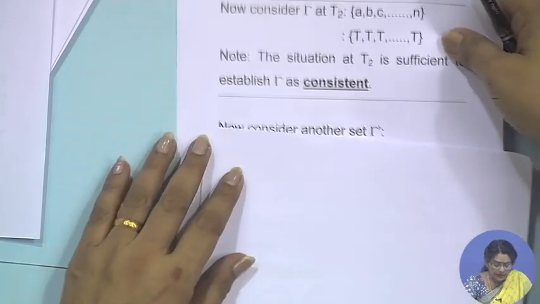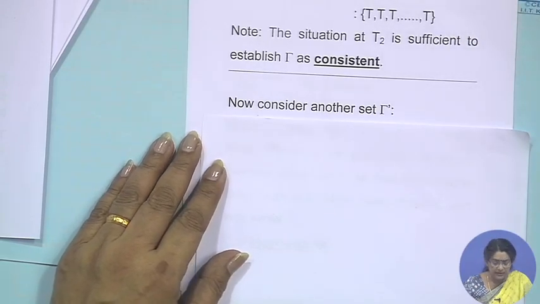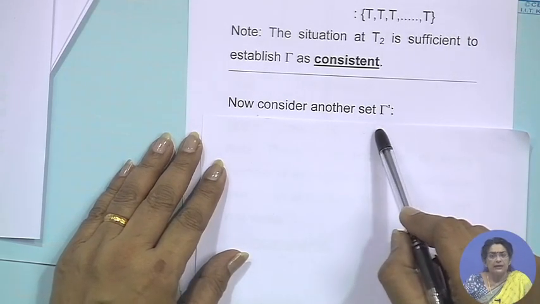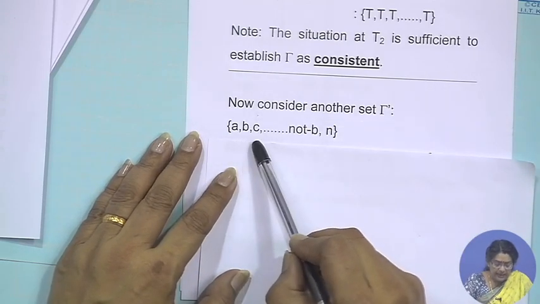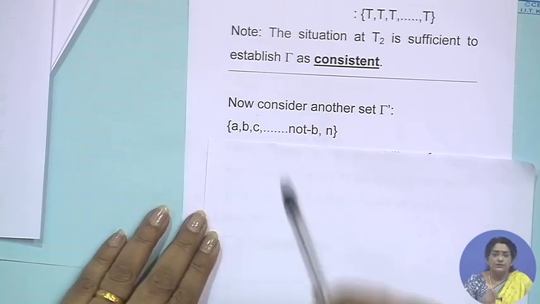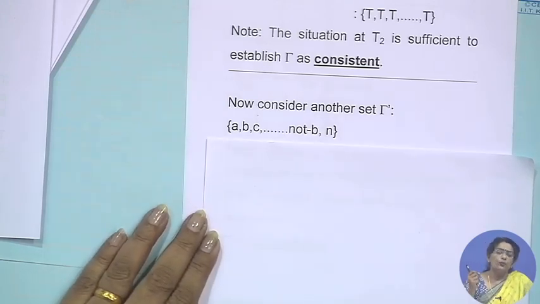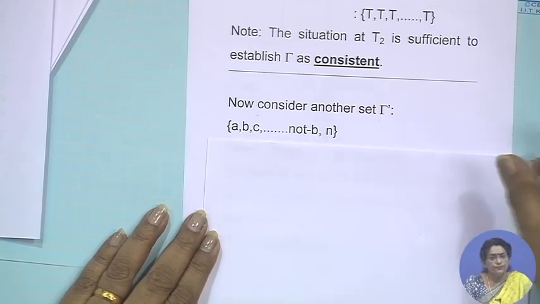Now, here comes the crux, how to understand inconsistency. Let us consider another set gamma dash, where you have A, B, C, and one of the members is not B. Ask yourself, could there be even one moment when every member of the set is going to be true?